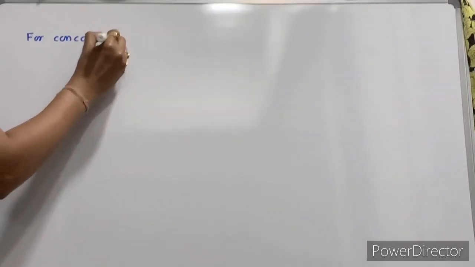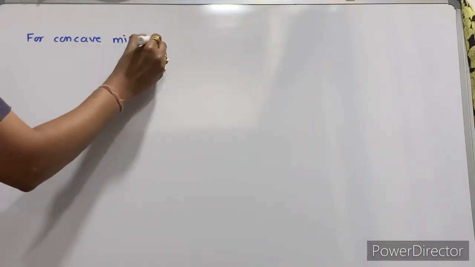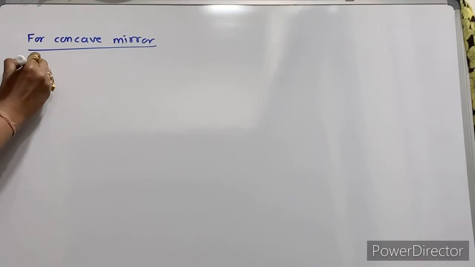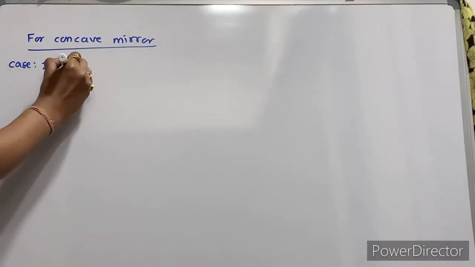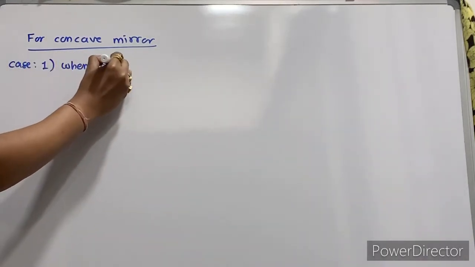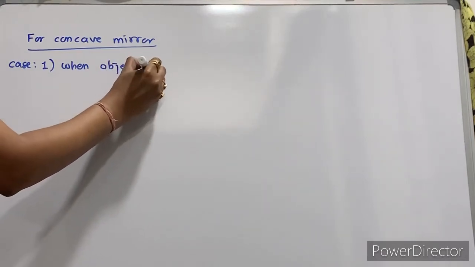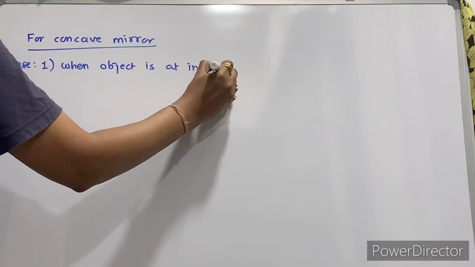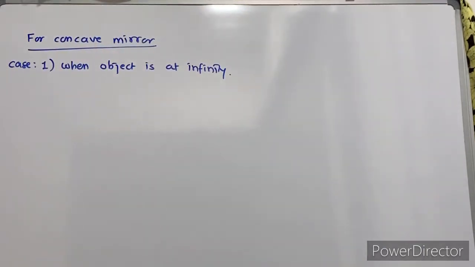Now in case of concave, so I write here concave mirror. First case, case 1, when the object is at infinity, right? When the object is at infinity.